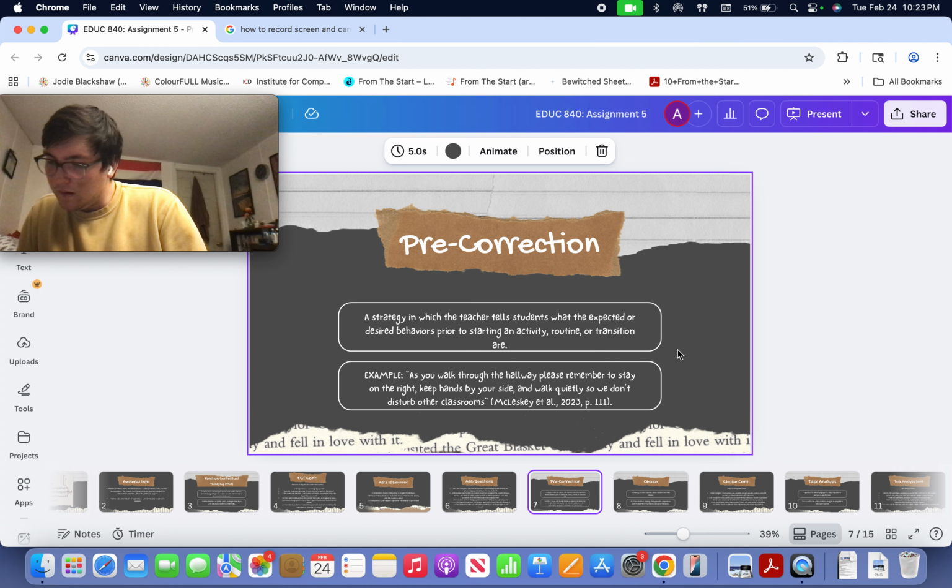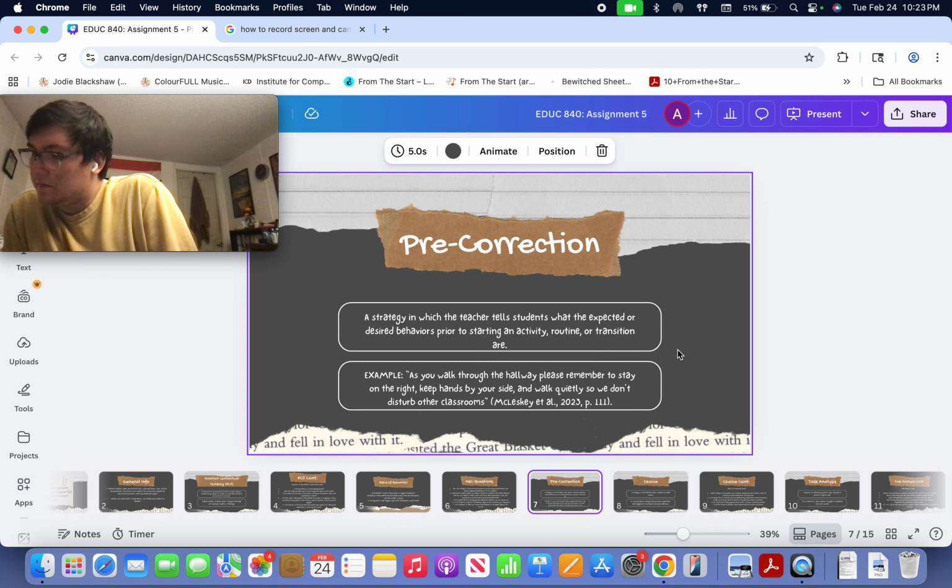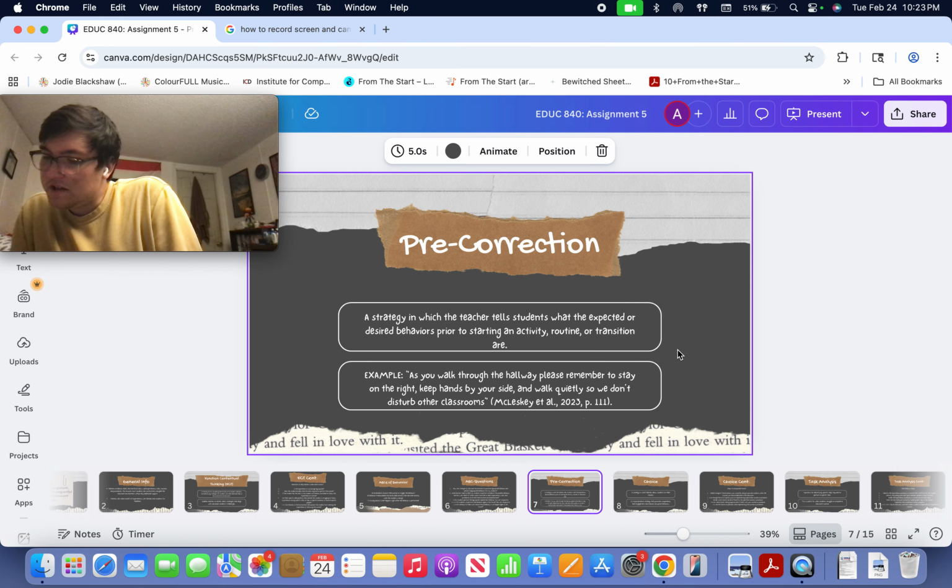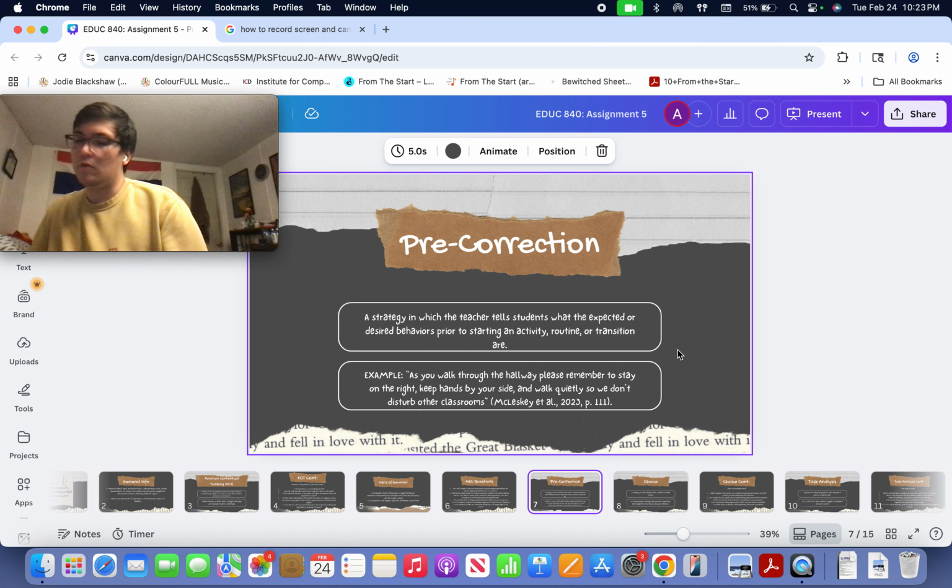Following up on that, I'm going to quote from the textbook here. It says, quote, when pre-correction is followed up by behavior-specific praise, students are more likely to repeat behaviors that were prompted. Using the cycle of pre-correct, monitor, and praise, teachers can shape student behavior to become routine or automatic, end quote.